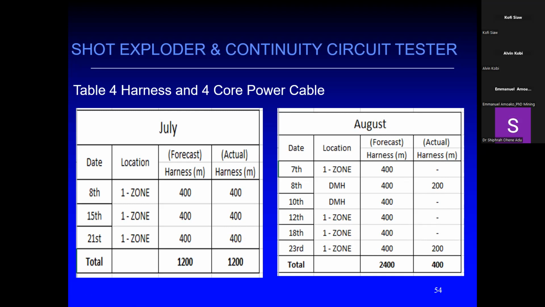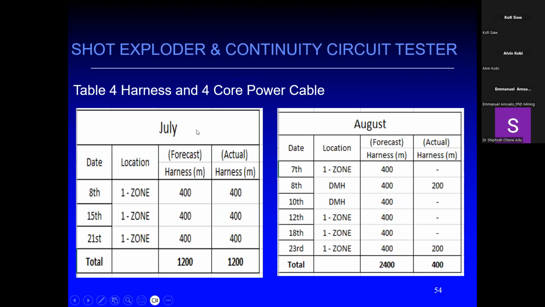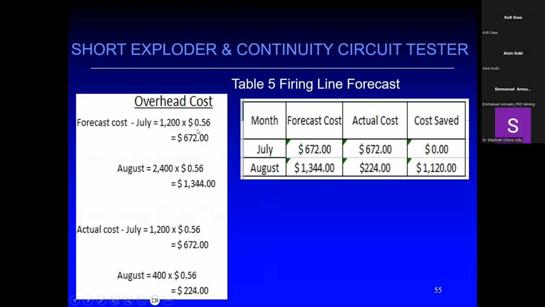Now we did some little estimation to see how we are saving costs for the company. So a forecast was done with the 1,200 meters, which is here in the month of July. Now per meter of that harness wire is $0.56. So if you multiply this, this is what you are getting over here. Then in the month of August, this is the actual forecast, you can see it here.